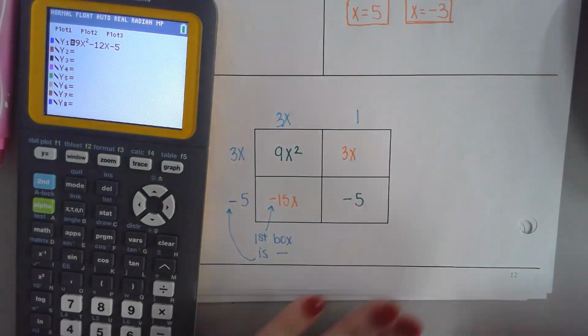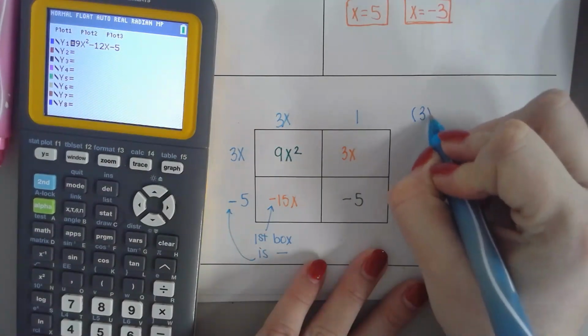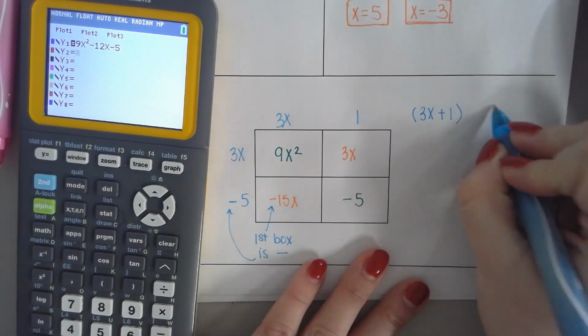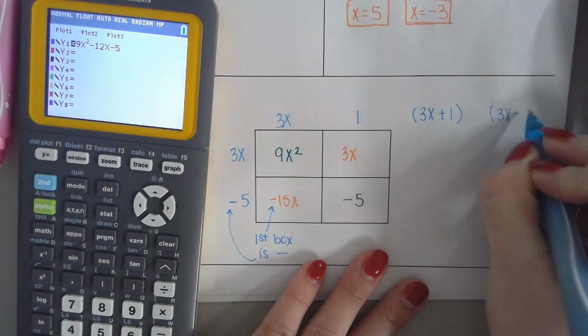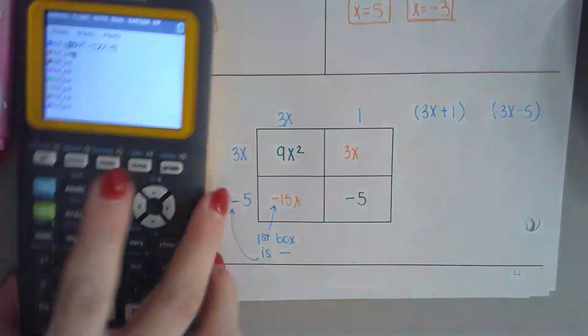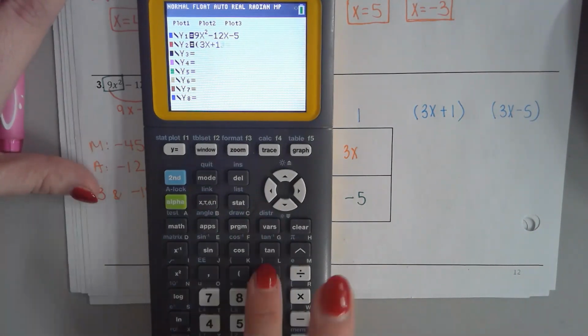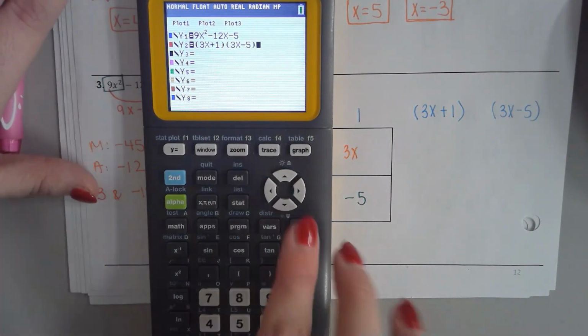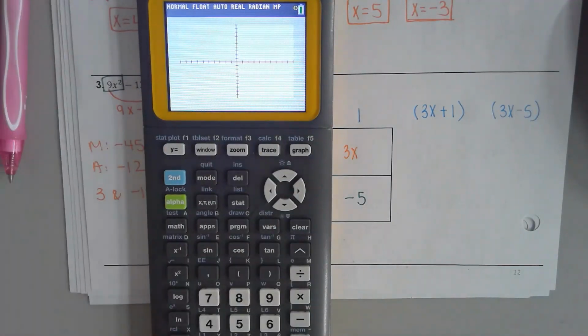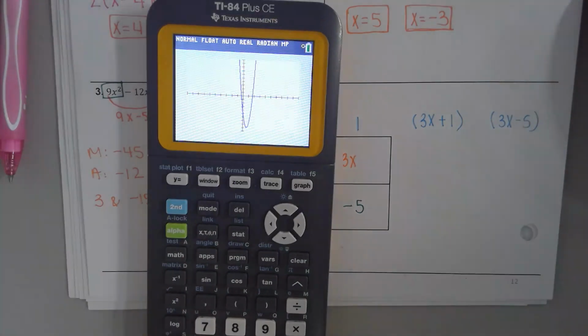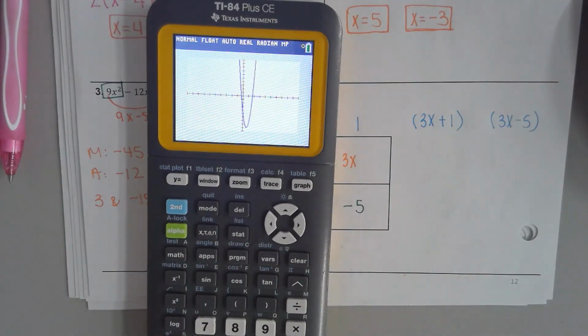Those are your factors. 3x plus 1, 3x minus 5. So I'm going to type those in. And then I'm going to hit graph, and I'm going to see if these two parabolas are the same. I'm going to see if they actually overlap each other. Completely, perfectly.